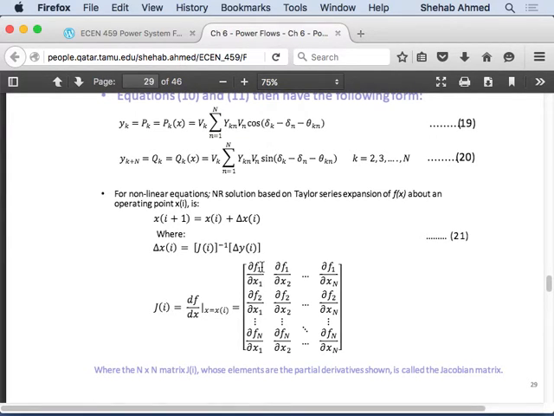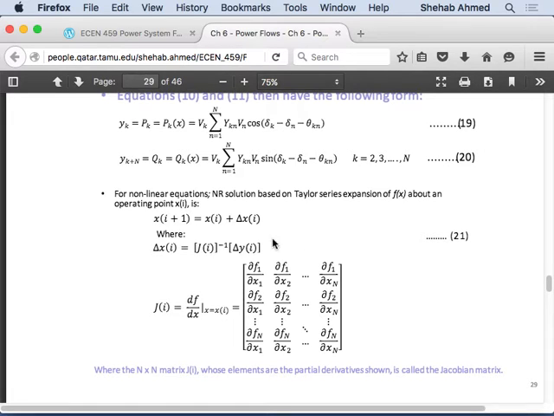So this is, let's say, dP1 by what? The x's are my angles and voltages. So I'm differentiating the functions that I have in my y of x vector with respect to the unknowns.